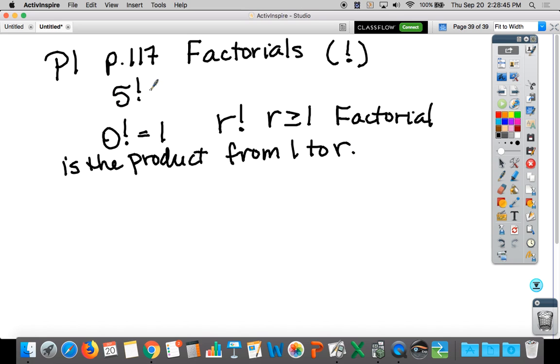So when you have 5 factorial, that is 1 times 2 times 3 times 4 times 5. A lot of the times it's written backwards, 5 times 4 times 3 times 2 times 1. That's the way I've always written it, but I like to write it the way it's written in the definition, from 1 to r.